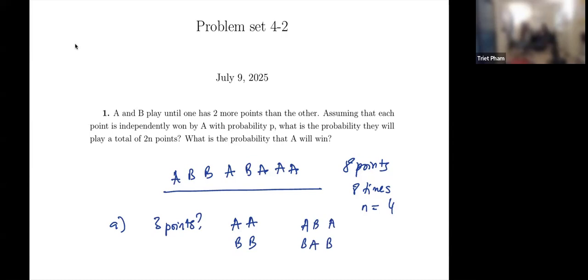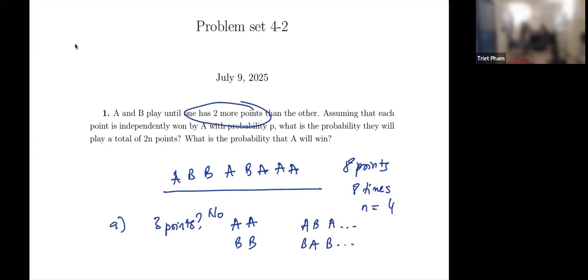It must continue. Does that make sense? So the game cannot be played for an odd number of points. It has a lot to do with the requirement that one has 2 more points than the other to win. That's why.